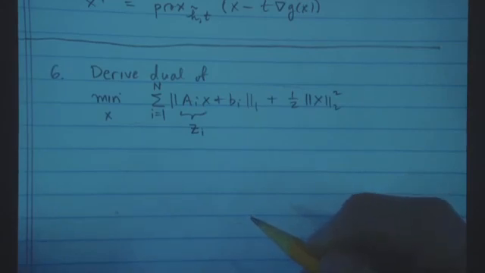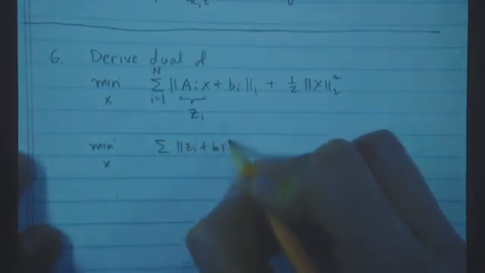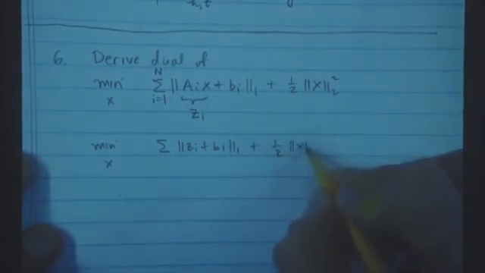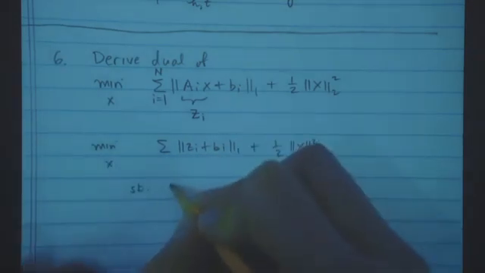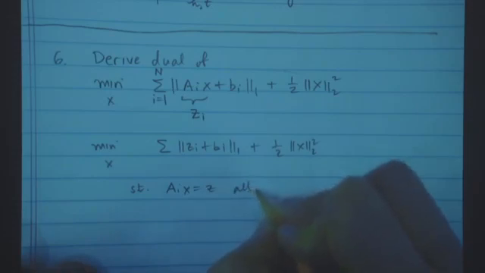Okay? And so we're going to write the problem then in this form. Subject to ai x equals z for all i.